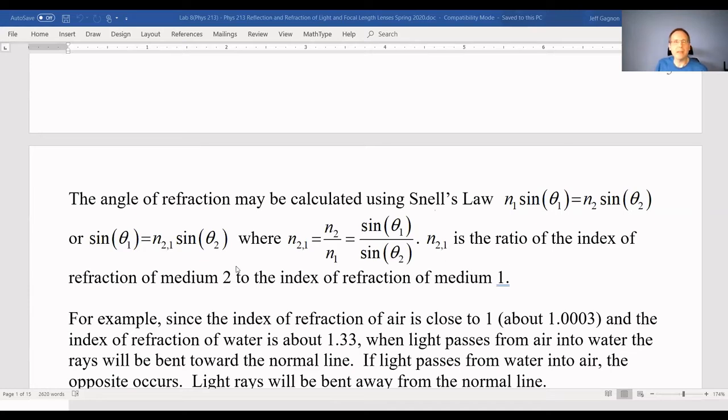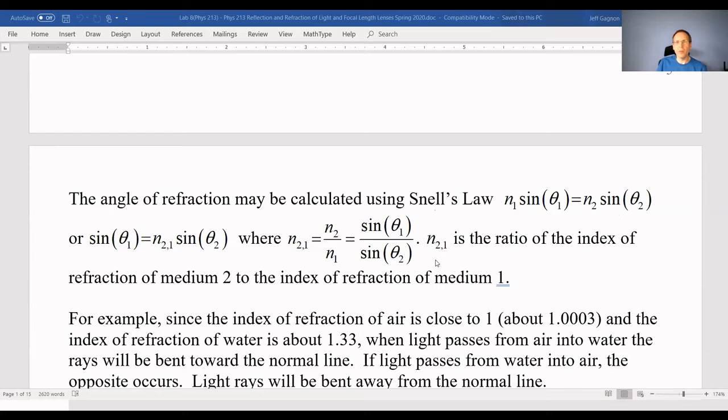I'm calling that N2,1. That's the ratio of the index of refraction of medium 2 to the index of refraction of medium 1. So if we solve this, N2 divided by N1 is going to be sine of theta 1 divided by sine of theta 2. And I've done it for you here.